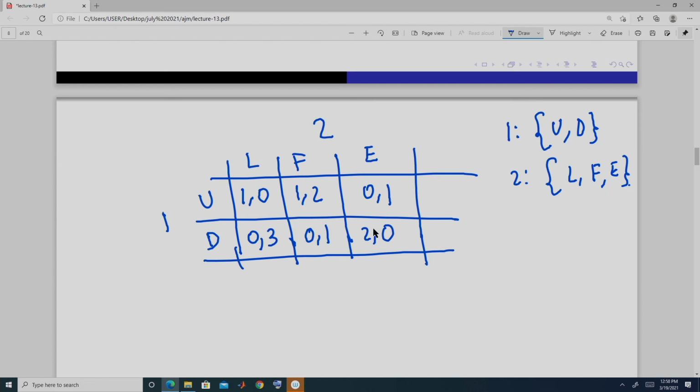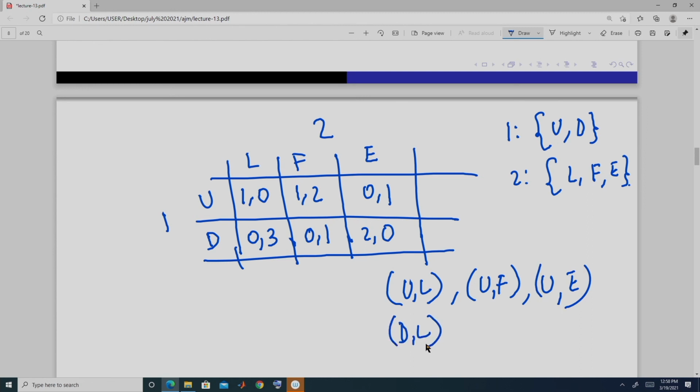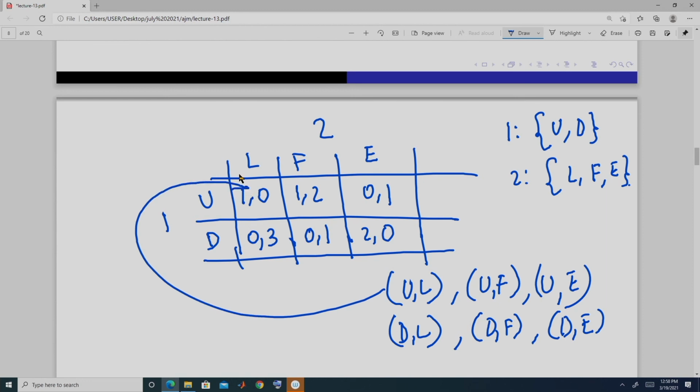Okay. So, here, when player 1 plays, these are the different combinations of outcomes that are possible. This outcome is represented here and these are the payoffs.